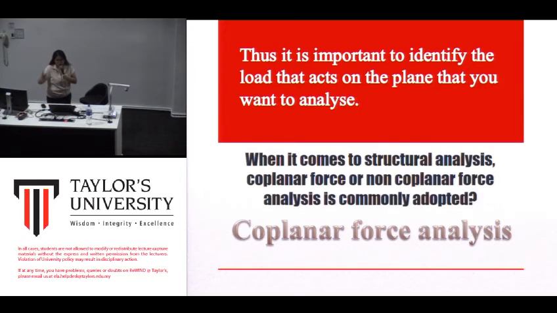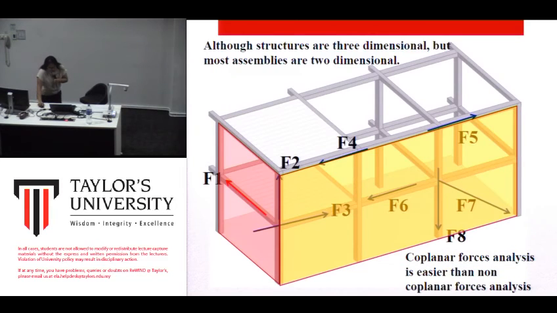We have only 2 dimensions, the vertical and the horizontal, that's it. However, nowadays with the advancement of technology, engineers will also analyze non-coplanar force by using software. If done manually, 3D is just way too tedious. Alright, so next move on.